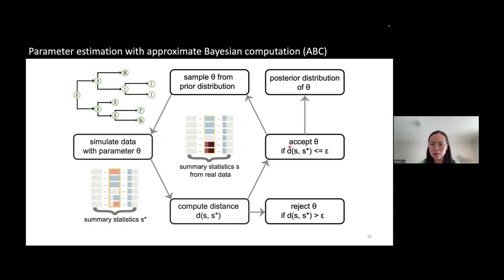If their distance is smaller than a threshold, we accept the proposed parameters. We iterate this process many times. As a result, we can generate the posterior distributions of the parameters.